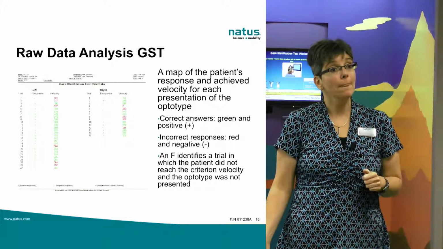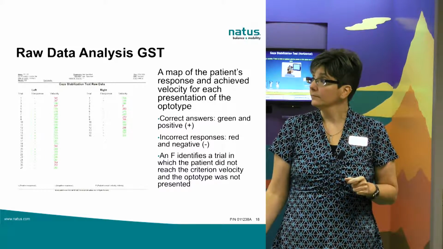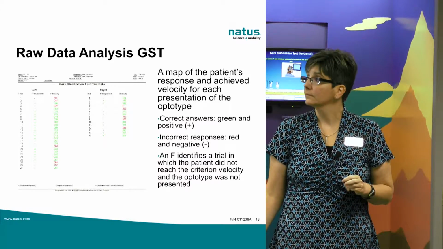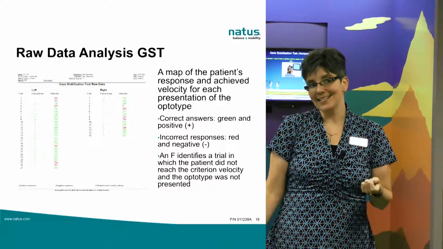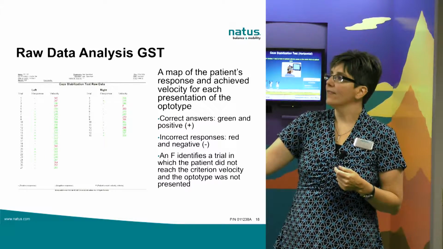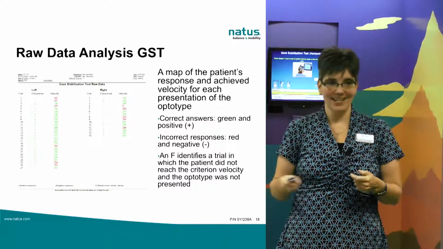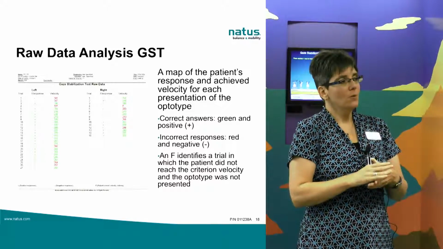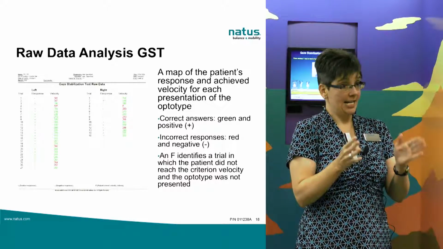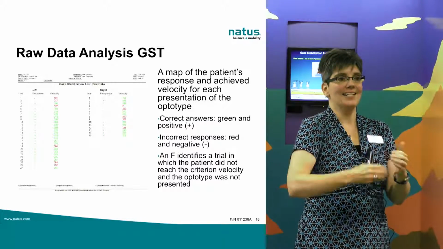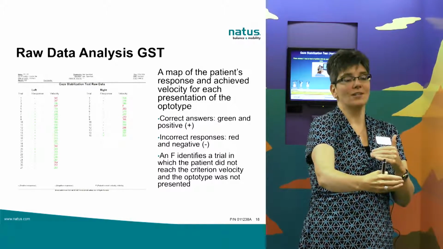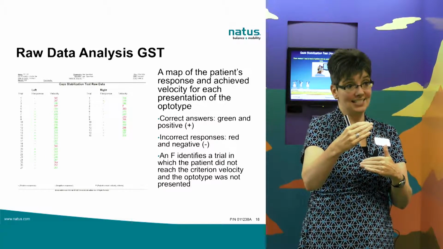Question? The computer decides that based on consistency. Also, the more Fs that you get, if you are not able to move your head at the threshold velocity, the computer is not going to keep pushing that. So the computer's going to actually truncate the test a little bit.